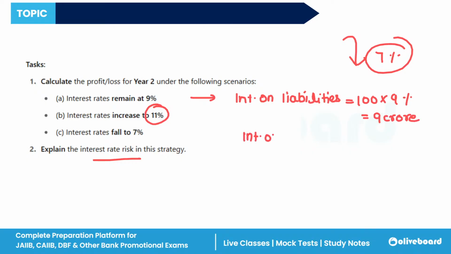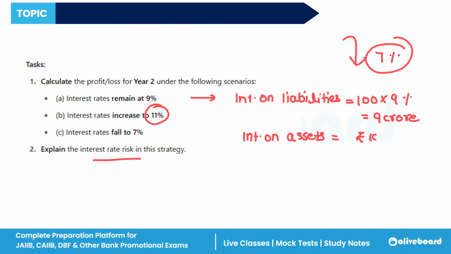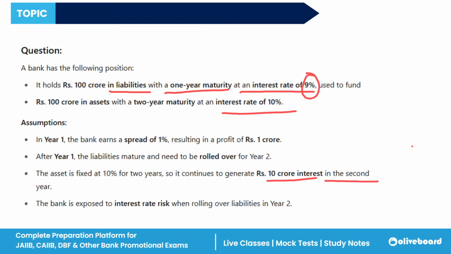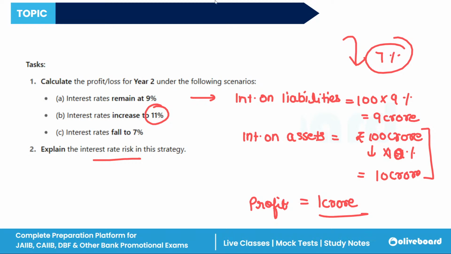Then interest on assets will be on the same 100 crore, and we have to calculate 10%, because the interest rate for assets is 10%. So this is 10 crore. So what is the difference? The profit is 1 crore. So no change in spread, profit remains the same here.